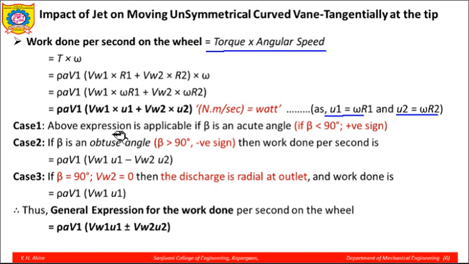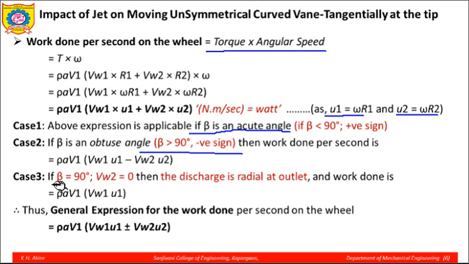Now case number 1. The above expression is applicable if beta is less than 90 degree. It is an acute angle. So if beta is less than 90 degree, the sign will be positive in the formula of work done. Case number 2. If beta is an obtuse angle, so beta is more than 90 degree, there will be a negative sign in the formula of work done. Work done per second is rho a v1 into (Vw1 u1 minus Vw2 u2).